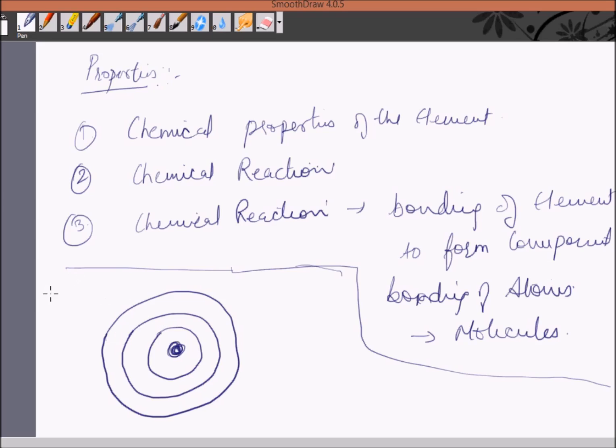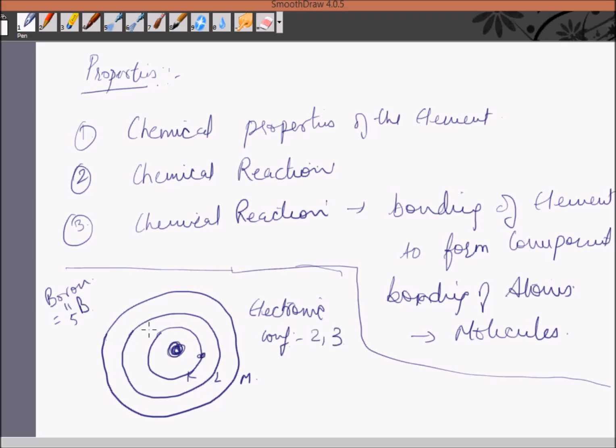Let's take an example of boron, with 11 as the mass number and 5 as the atomic number. So this is the K shell, this is L, and this is M, right? So for the K shell, let's take the electronic configuration first. For 5 it will be 2 and 3.